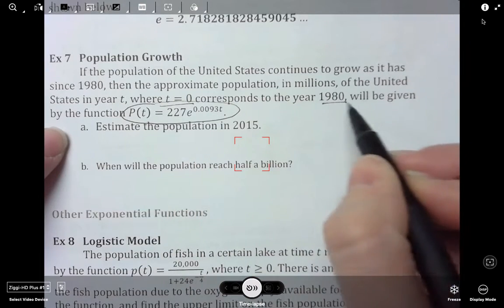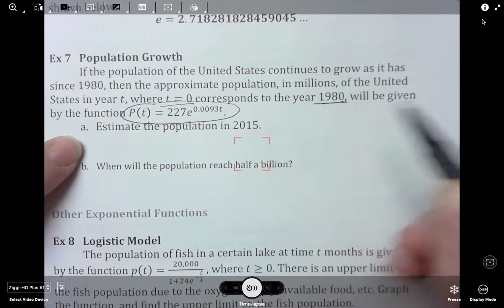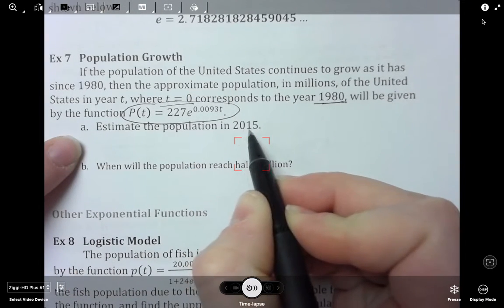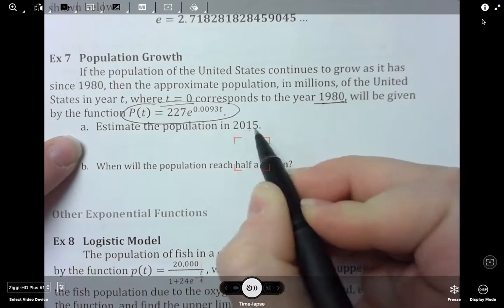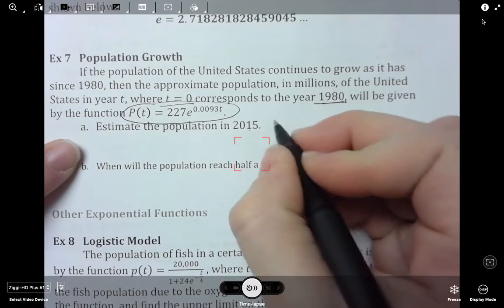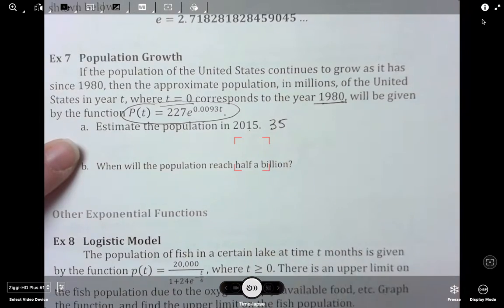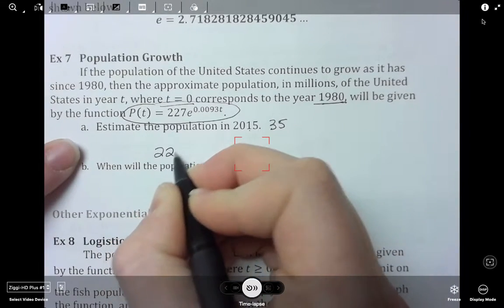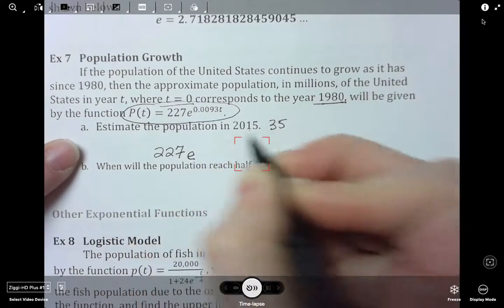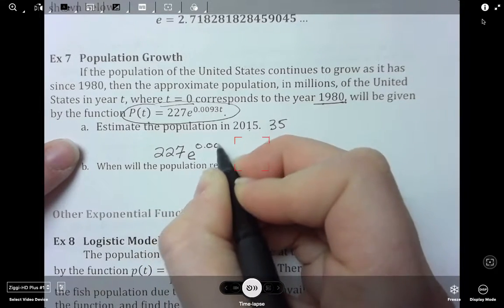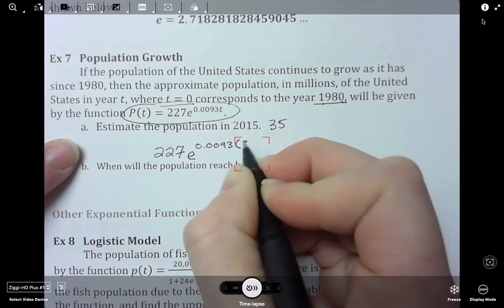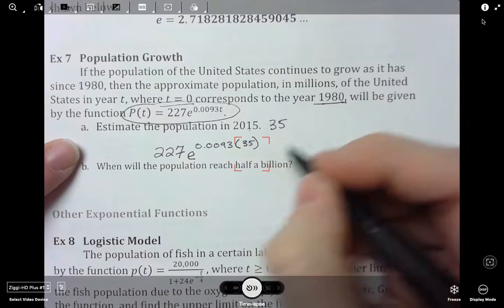Estimate the population in 2015. So 2015 minus 1980 is 35 years. So again, just plug it in. E to the 0.0093 times 35. Practice plugging that into your calculator, see if you can get an answer.